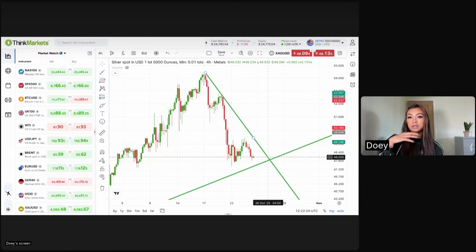These trend lines, I know some people are against it, but for me, I see them play out time and time again. You just have to know how to trade them, because just using trend lines for me is not very profitable. You have to use market structure, you have to understand market structure, different time frames. That's what's going to enable you to have a higher probability and a more low risk type of trade.